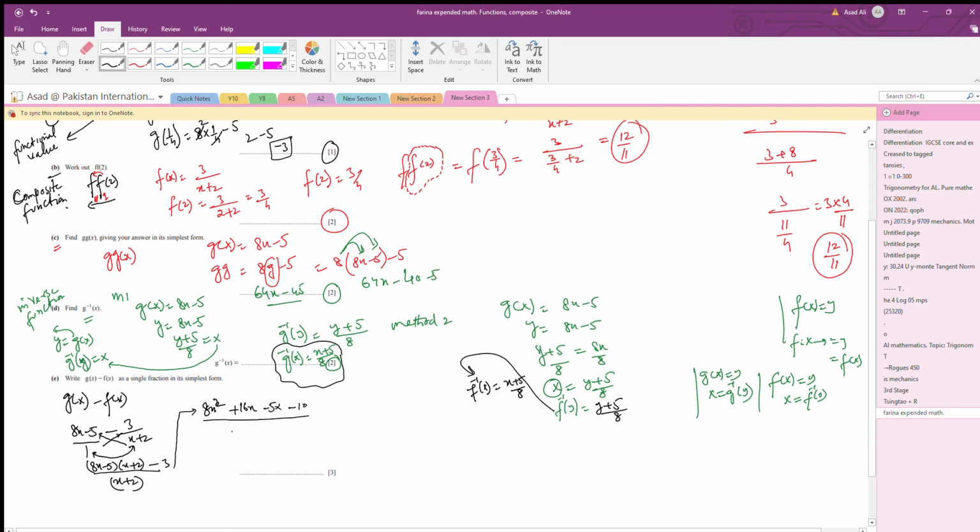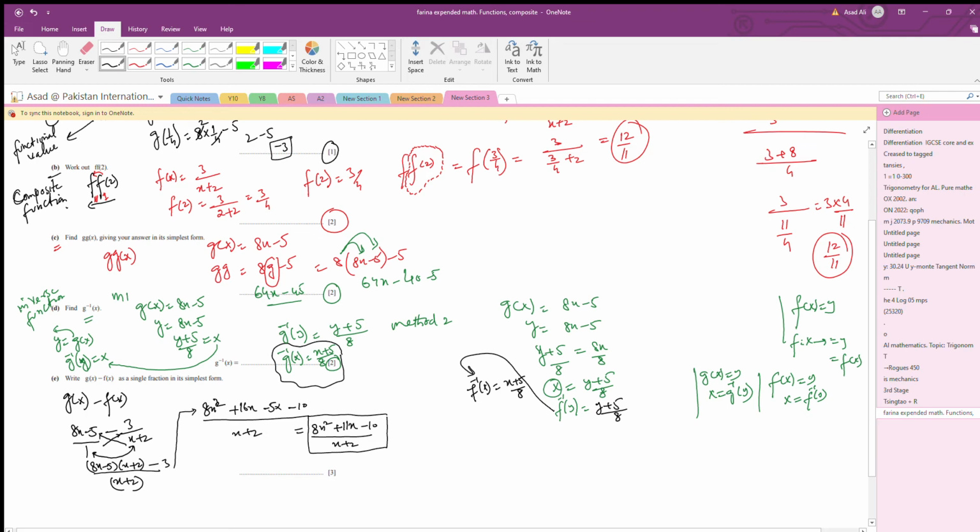Divided by x plus 2. This becomes 8x square plus 11x minus 10 divided by x plus 2. So this is the result, and this is a single fraction in its simplified form.